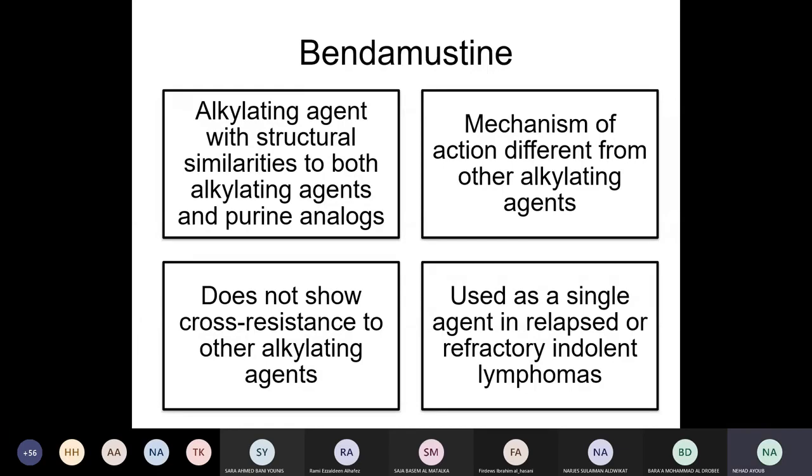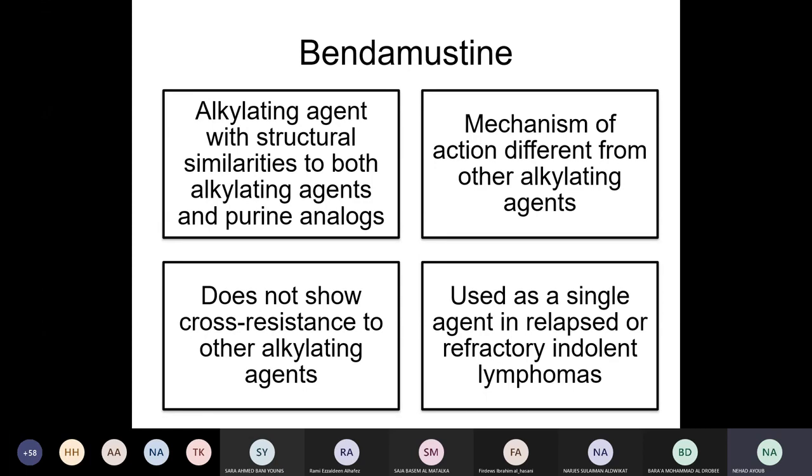Now, other options to treat patients with advanced follicular lymphoma: we have other drugs, some of them approved and some of them still under investigation. Bendamustine we talked about before in chronic lymphoblastic leukemia, as an alkylating agent that is a little bit unique in its structure and does not cross-resist with the other alkylating agents.